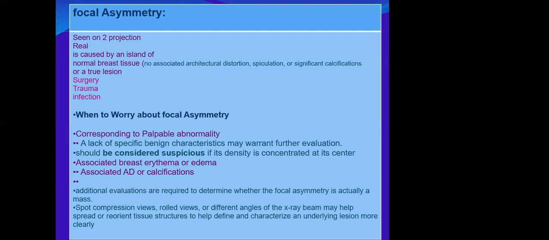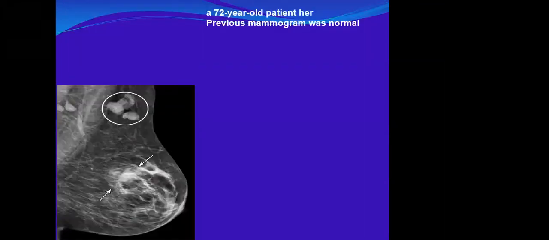It is worrisome if associated with a palpable abnormality, skin changes, distortions, or suspicious calcifications. Then we have to consider it a suspicious finding and proceed to ultrasound, or if it is not seen on ultrasound, use another modality to do biopsy.